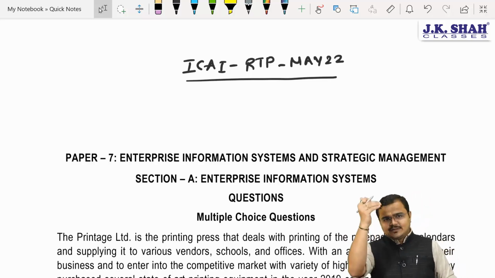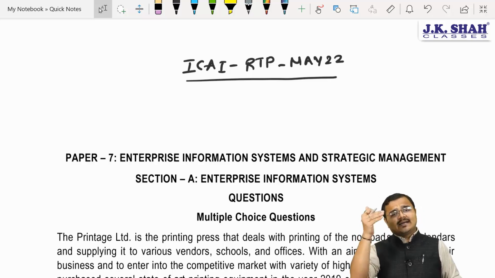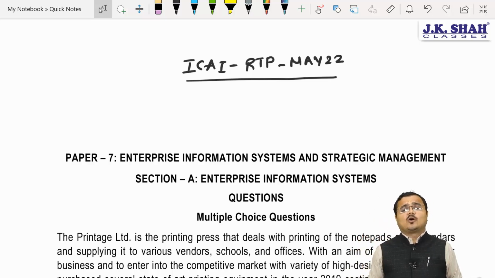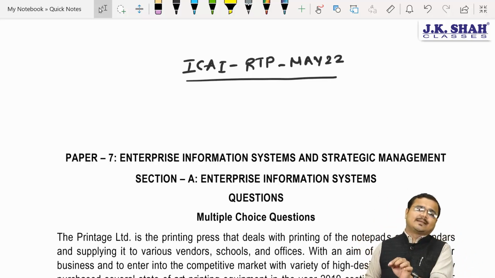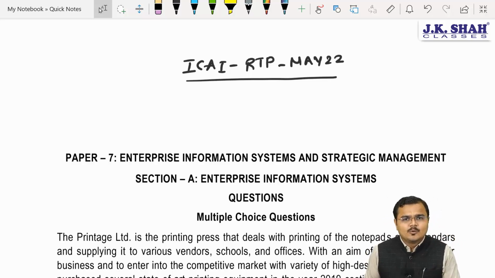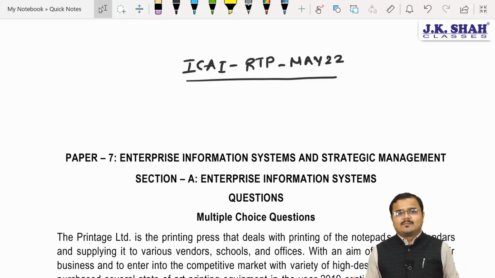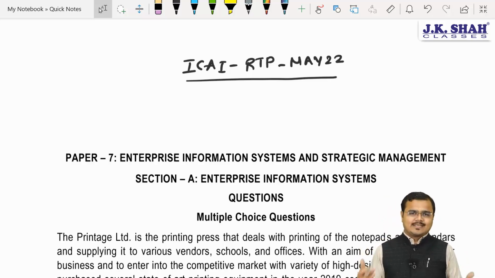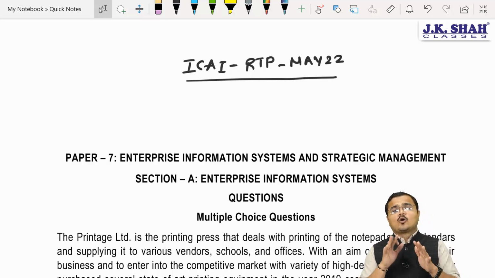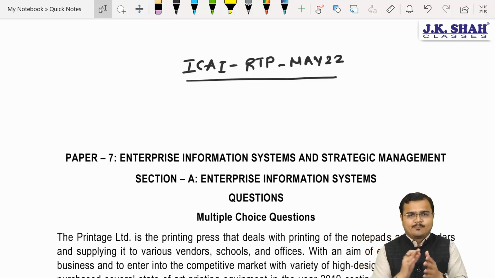Because first they give one case study, based on which they ask the question, which is purely based on your understanding of the concept. Am I very clear to you? So it's not like 9th or 10th standard where we used to fill in the blanks and answer. Here all your concepts play a very important role.